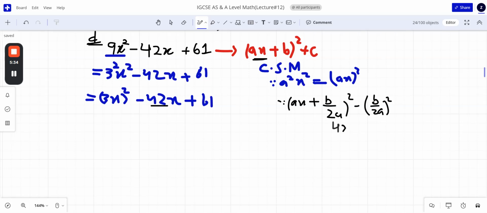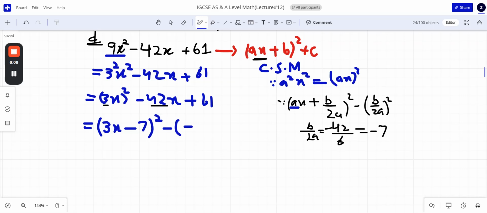So b over 2a is equal to minus 42 divided by 2 times 3. a is 3, so 2 times 3 is 6. So we will get minus 7. So let's substitute the values here. Now the 3x, the first value meaning ax, we will keep the same, plus b over 2a, which is minus 7. So plus minus makes minus, and whole square.